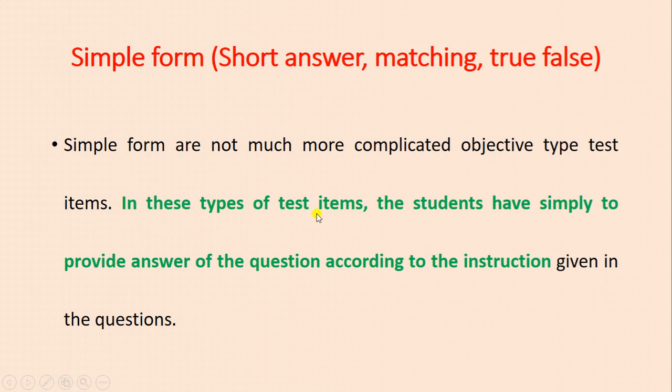In these types of test items, the students have simply to provide the answer of the question according to instruction. Dear students, as these are simple form objective type tests, in these test items the students have simply to provide the answer of the question according to instruction.